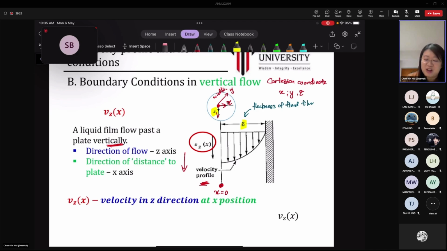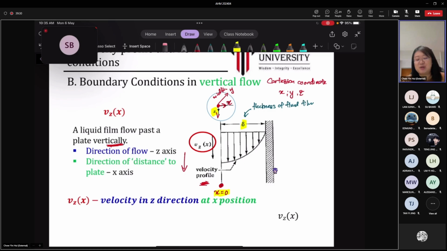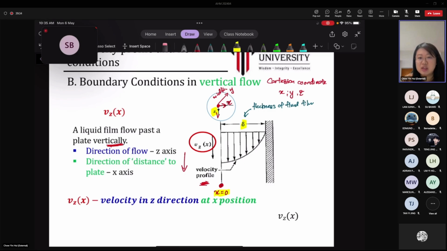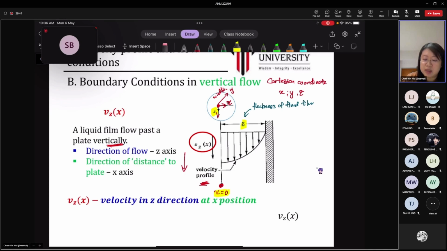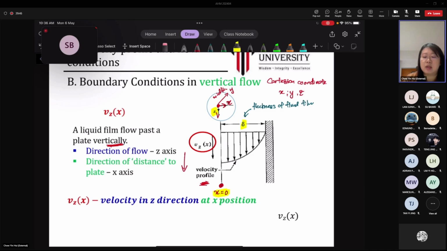It is not that we randomly assign a symbol. If you refer to most references, either from books or online sources, usually for a distance far away from the plate, for a fluid film that flows past it, this will be denoted as x equals 0. That's the boundary.